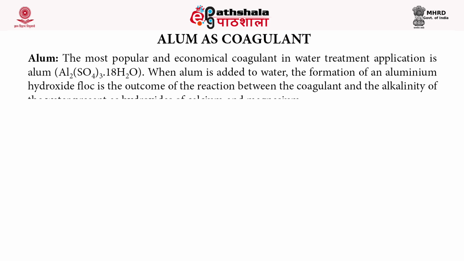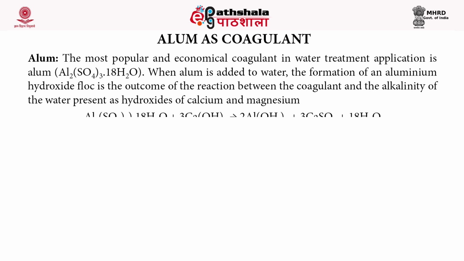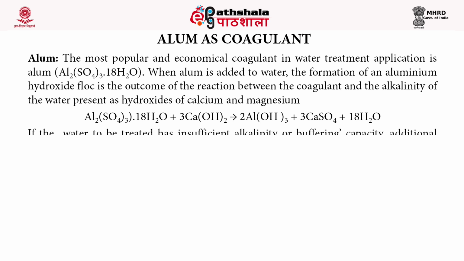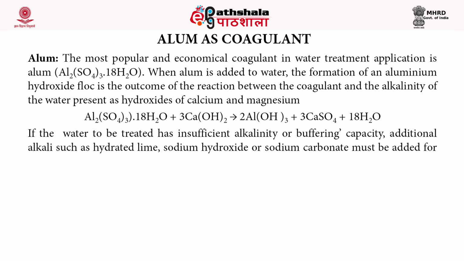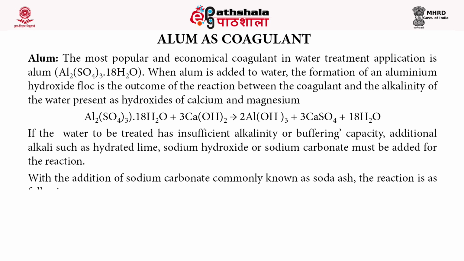When alum is added to the water, the formation of aluminium hydroxide floc takes place by the reaction between the coagulant and the alkalinity of the water present as hydroxides of calcium and magnesium.